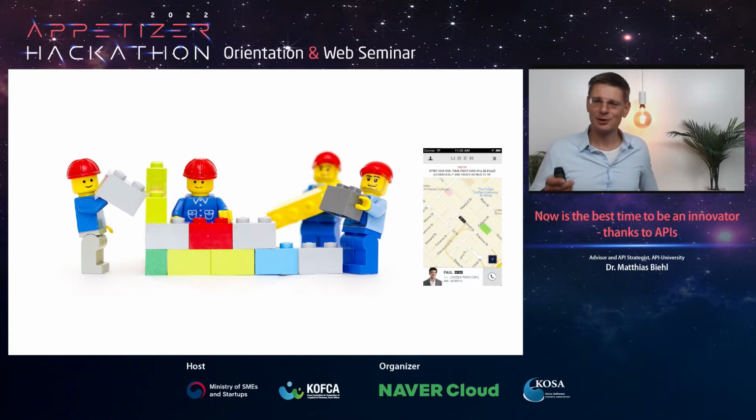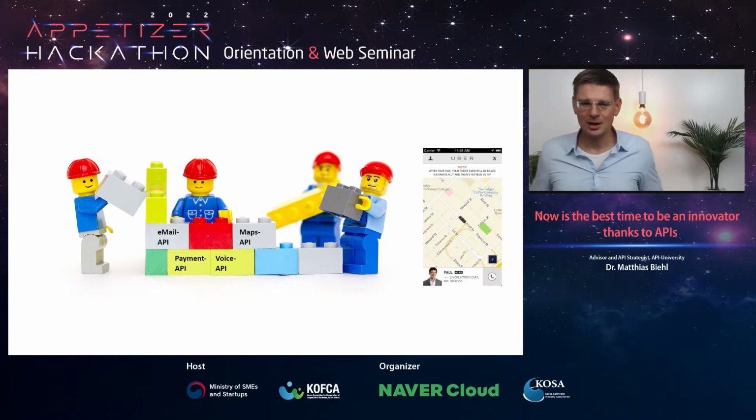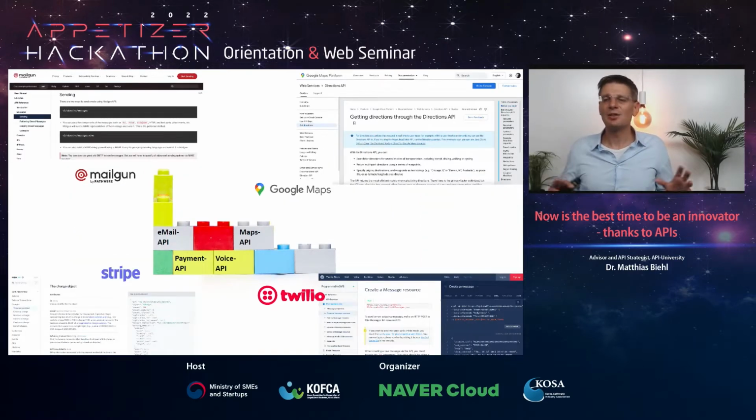So the innovator would build this ride-sharing app by putting together building blocks, right? So it takes a Maps API, a voice API, payment API, an email API, right? And then maybe some unique API that this company builds. They get information from different portals, API portals, where they can read up: how exactly do I call the Maps API?